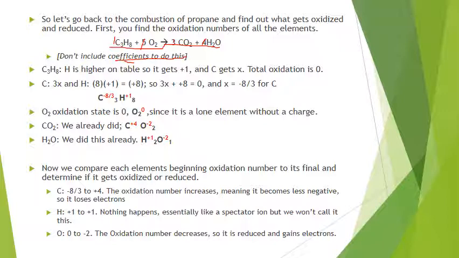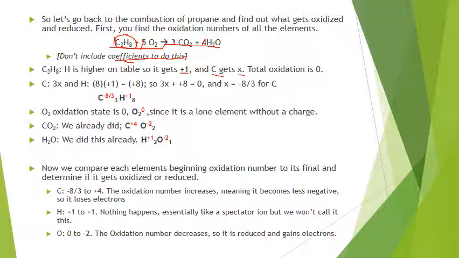So propane: if you look at the priority table, hydrogen's higher up than carbon, so it gets +1, and carbon gets X. The total oxidation number of propane is 0; there's no charge on it. So carbon is 3x and hydrogen is 8 times +1.